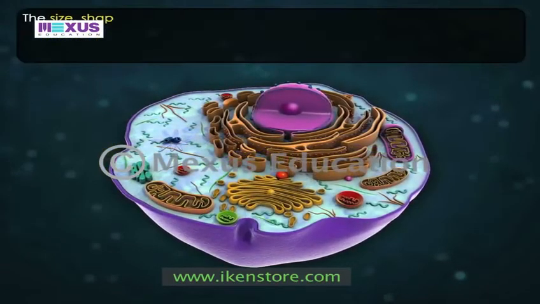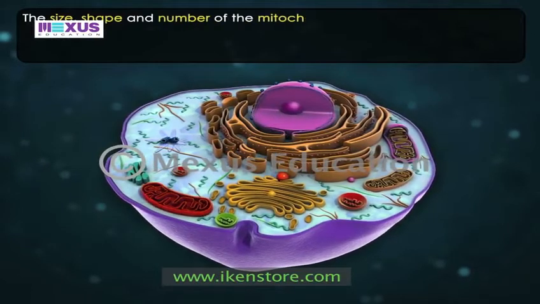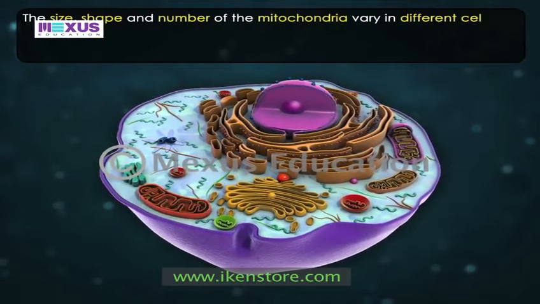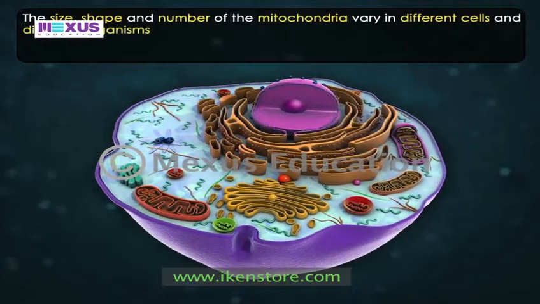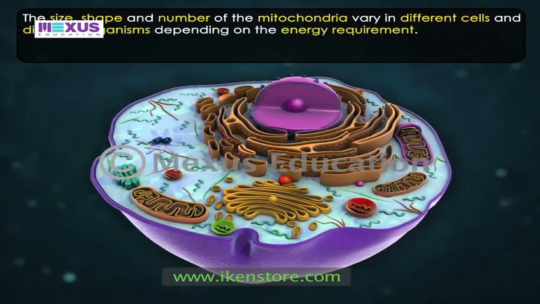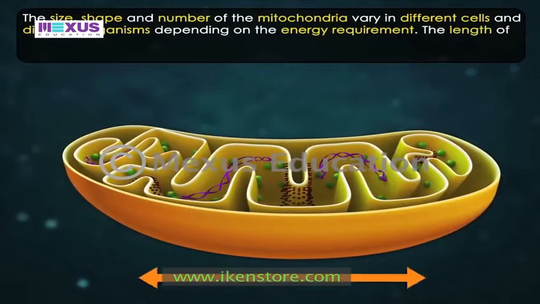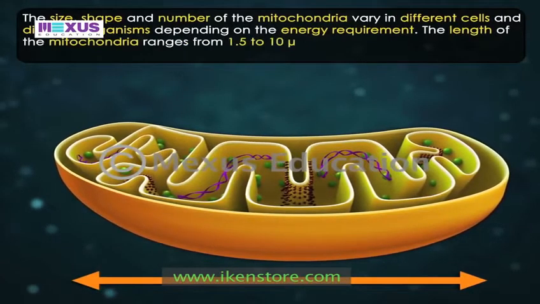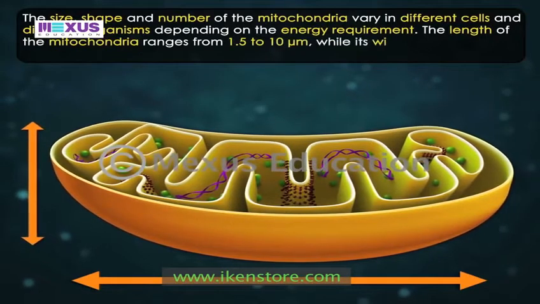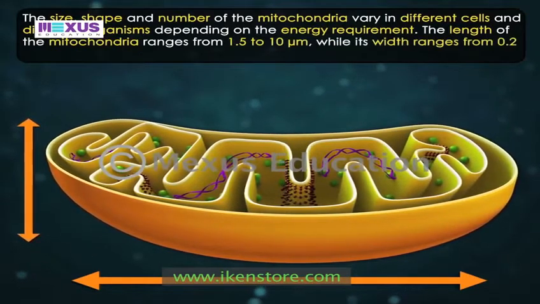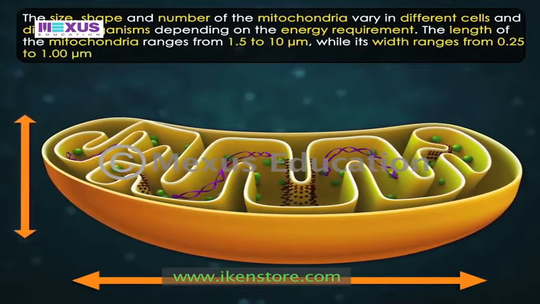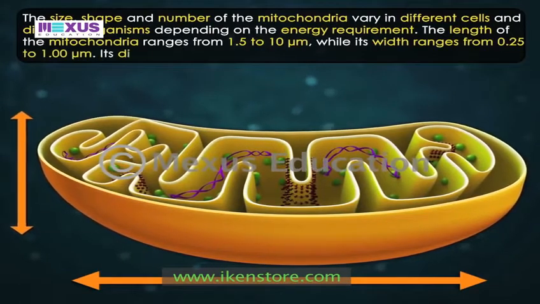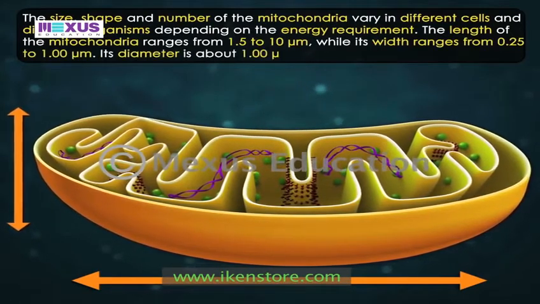The size, shape, and number of the mitochondria vary in different cells and different organisms depending on the energy requirement. The length of the mitochondria ranges from 1.5 to 10 micrometers, while its width ranges from 0.25 to 1 micrometers. Its diameter is about 1 micrometer.